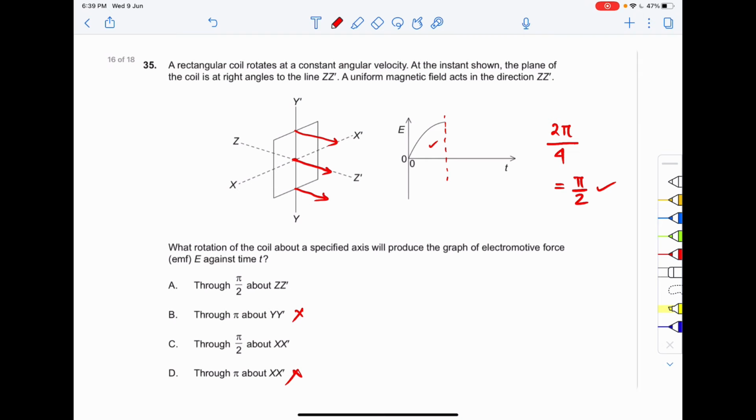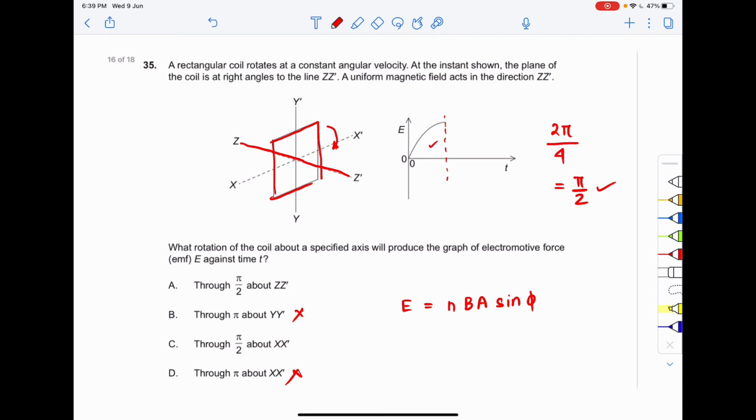Now along which axis this is rotated, that is the question. If you rotate this about the ZZ axis, what will happen? It will rotate somewhat in this direction, right? Induced EMF E is equal to NBA sin phi, where phi is the angle between the area vector and the magnetic field.